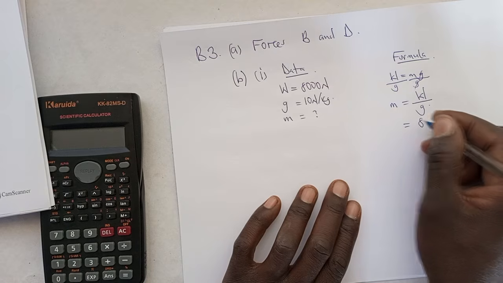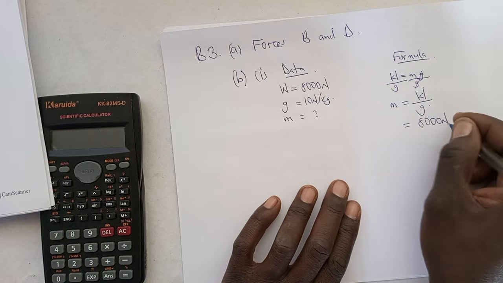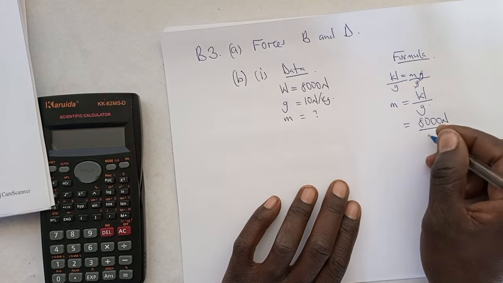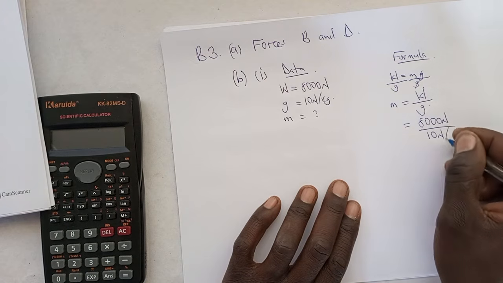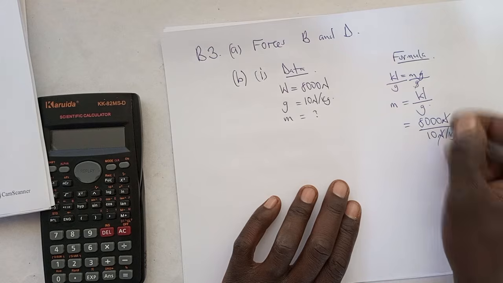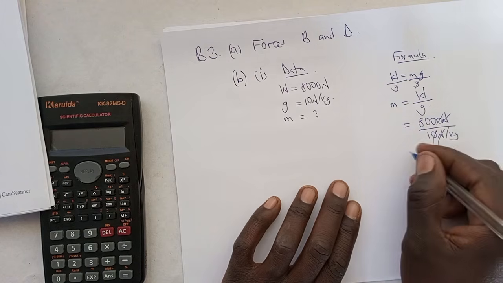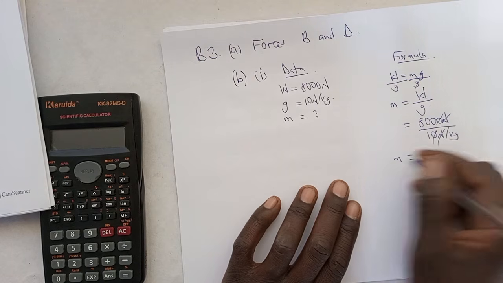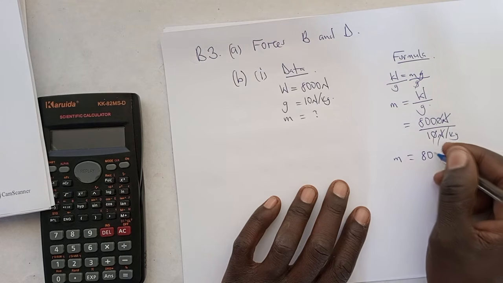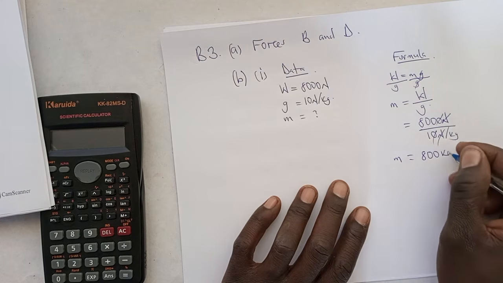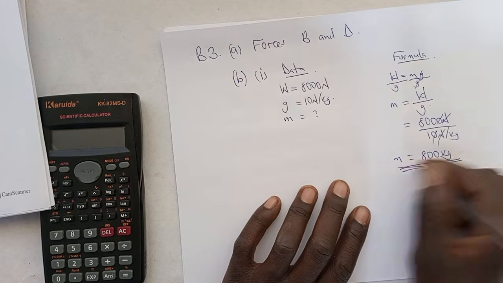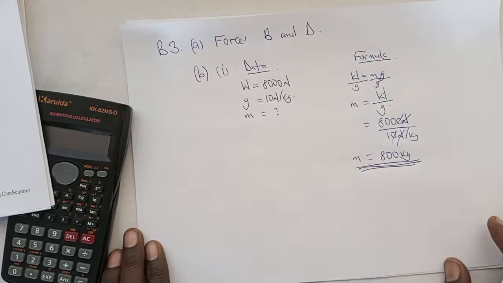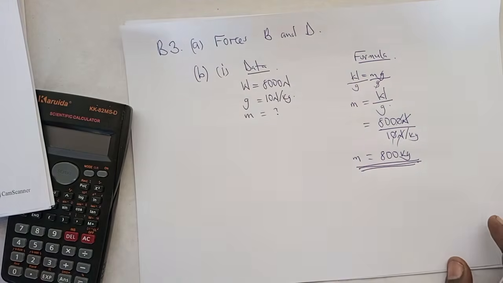Our weight is 8,000 newtons divided by 10 Newton per kg. This cancels, this cancels, and we are going to have our mass being equal to 800 kg. This being the answer. Okay, we move forward.